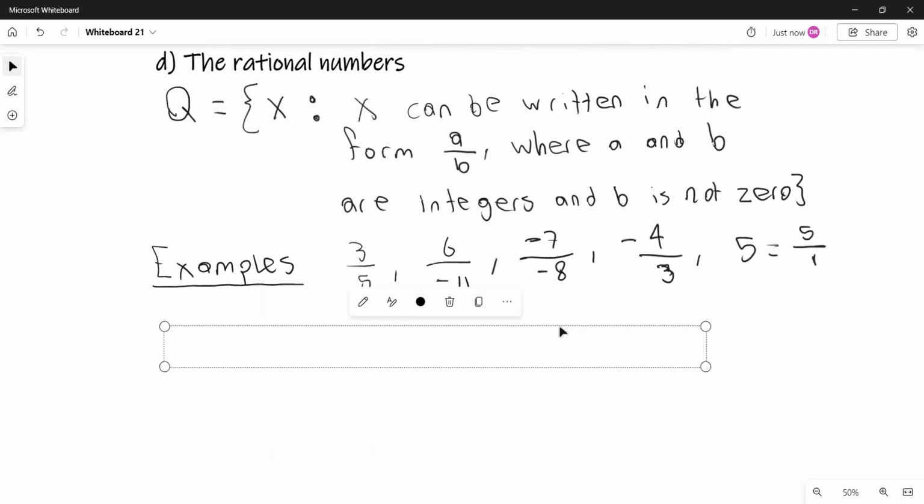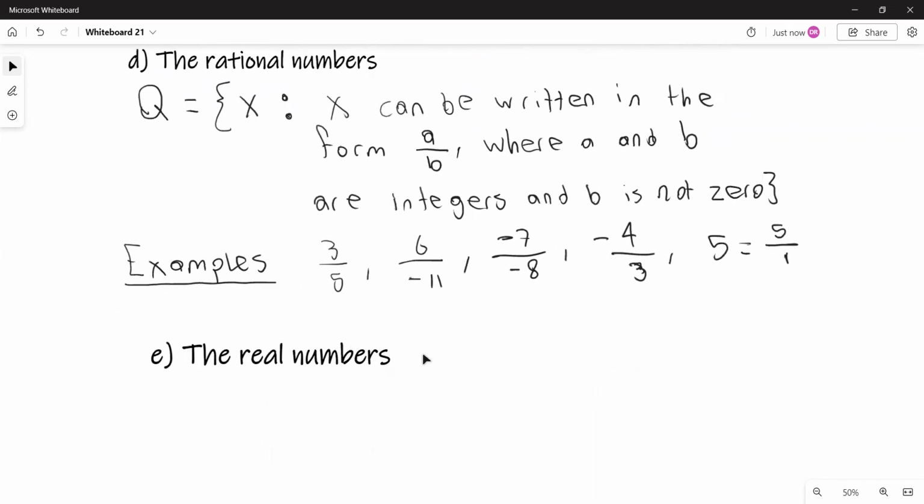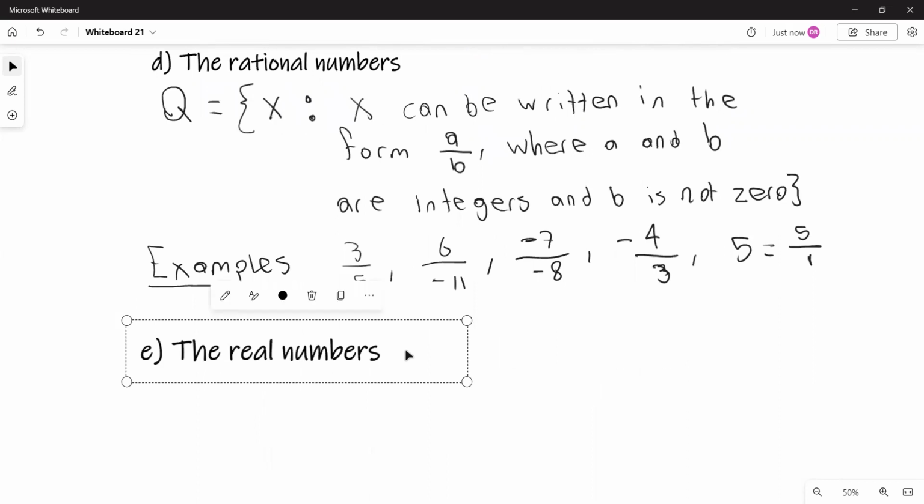I'm just going to tell you that the set of real numbers, I'm not going to give you any more details. We're going to see the sets with detail in chapter 6. We're going to spend one section on each set of numbers. But you can write this as R. We can denote the set of real numbers as R, and that's going to be the set of all x such that x has a decimal expansion.